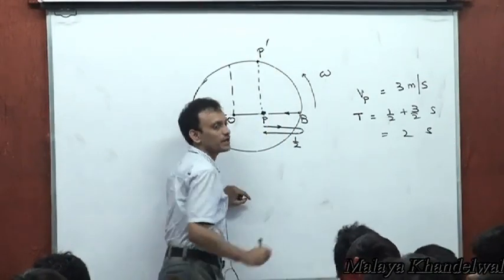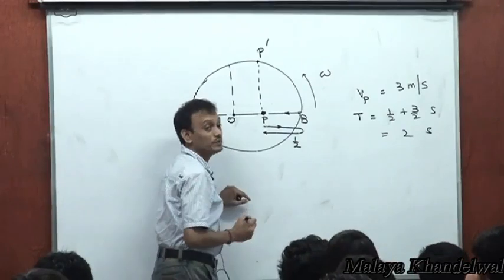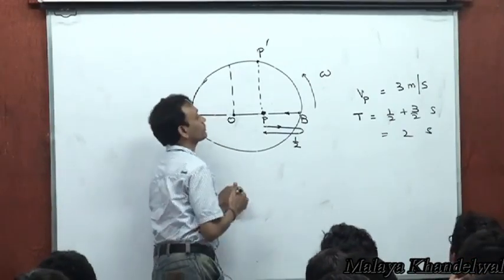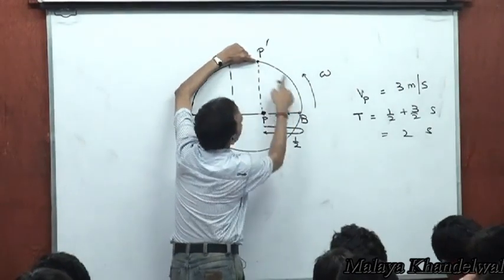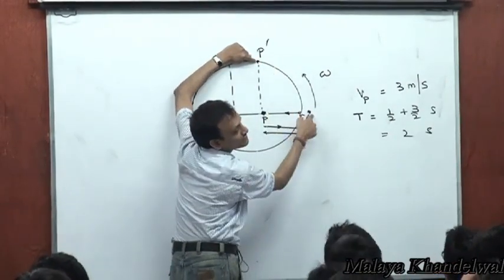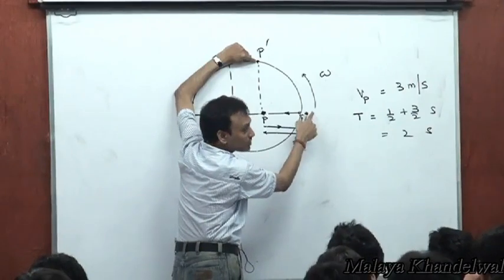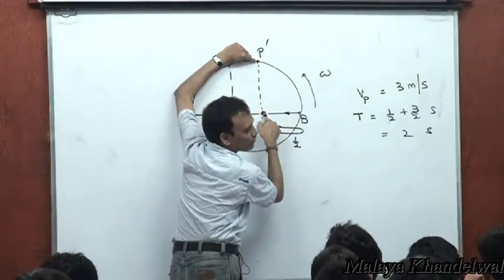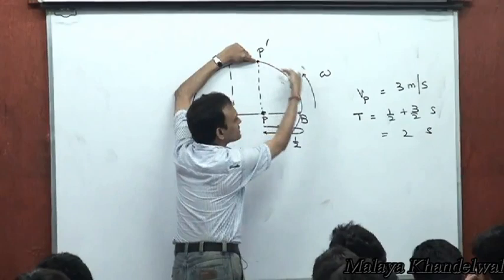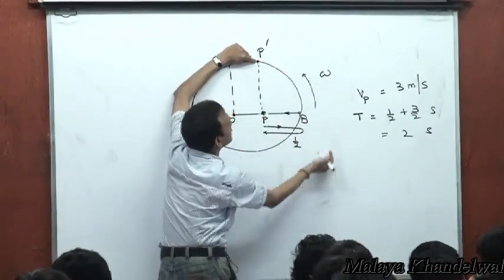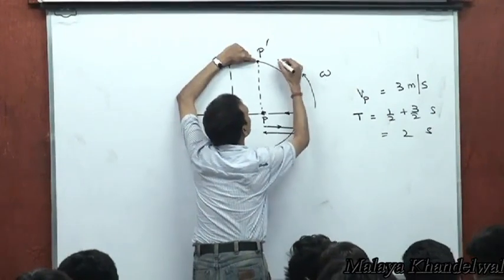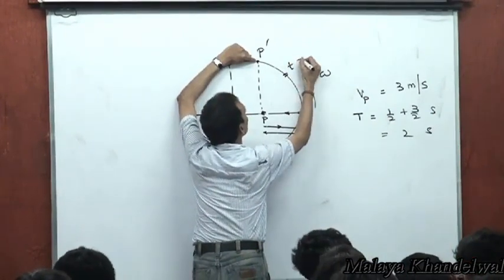That means the time taken by the auxiliary particle to go from B to P prime is 1/4 of a second, because that's the time taken by the oscillator to go from B to P.